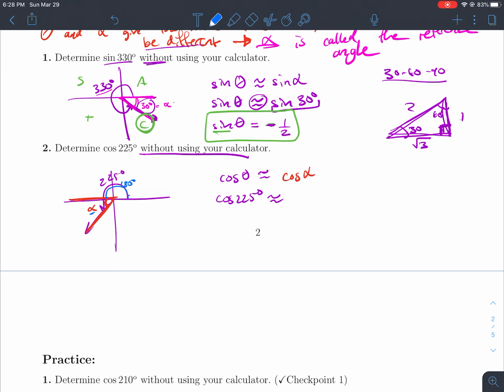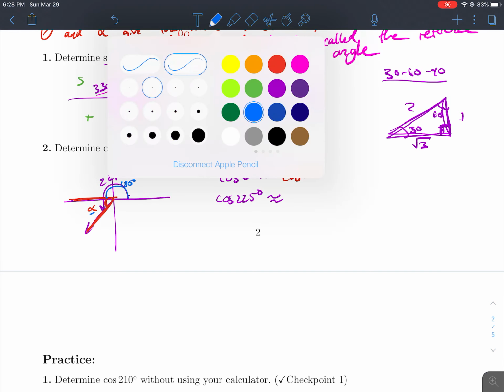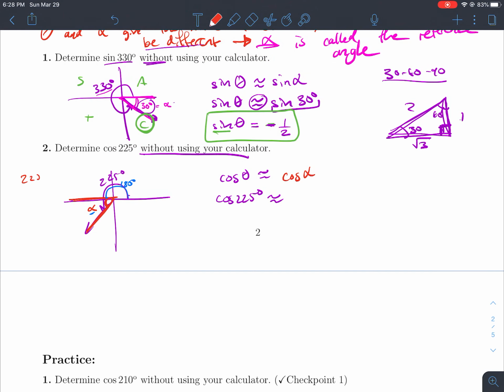So then alpha would be the leftover piece, the piece that goes past 180. So in order to calculate that, we could do 225 degrees, subtract off this top 180 degrees, and that will leave us with 45 degrees for alpha.